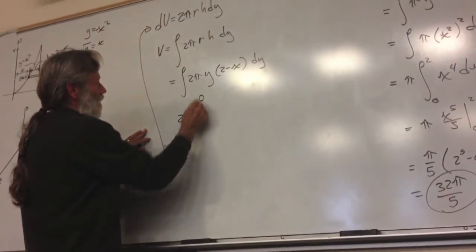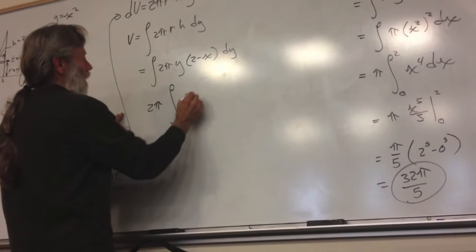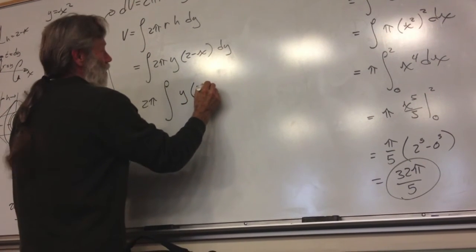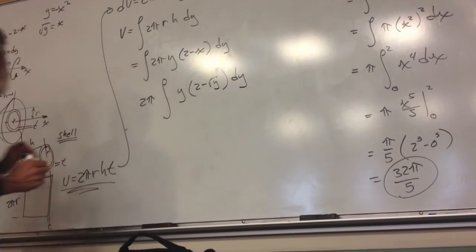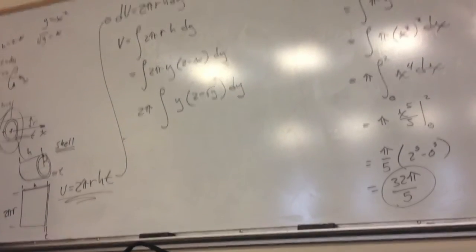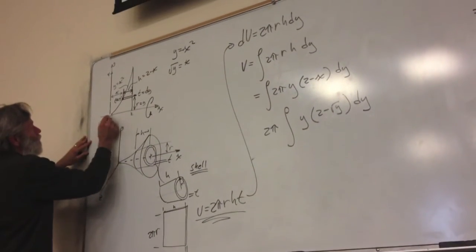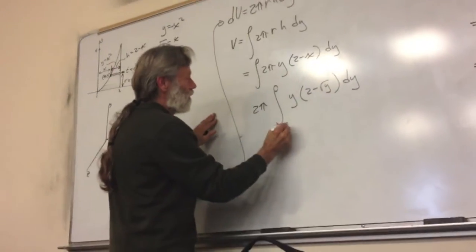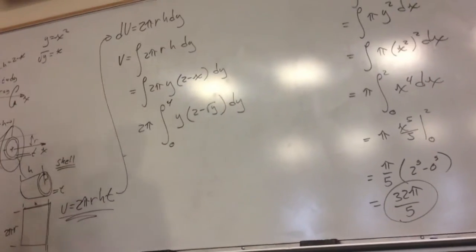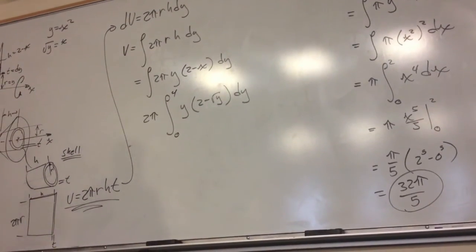I'll take the 2 pi out. We've got an integral, we've got y, we've got 2 less root y dy. And the y's are going from 0 up to 4 if I picture where all these slices would sit here, so from 0 to 4.